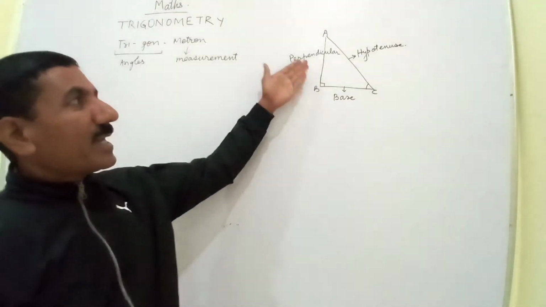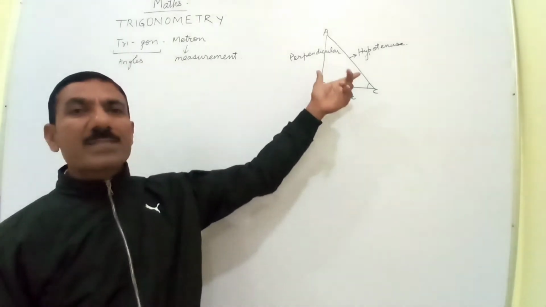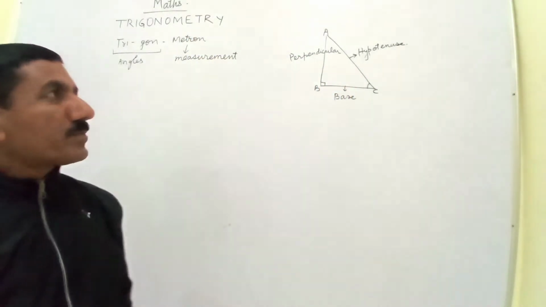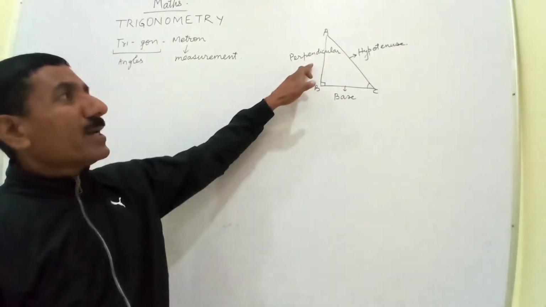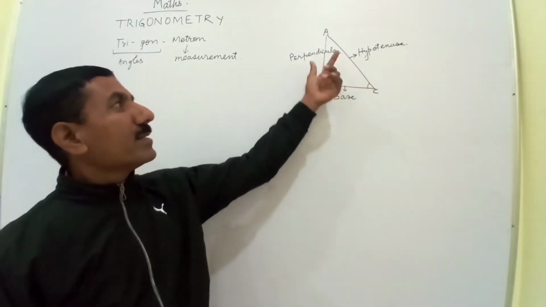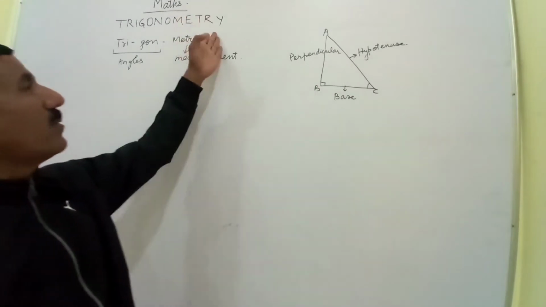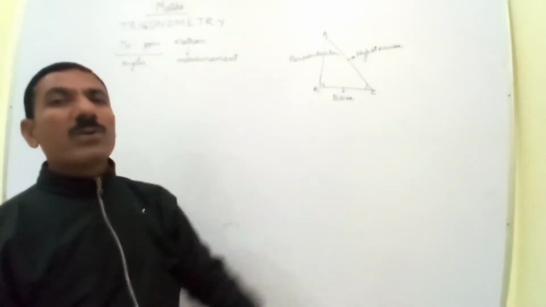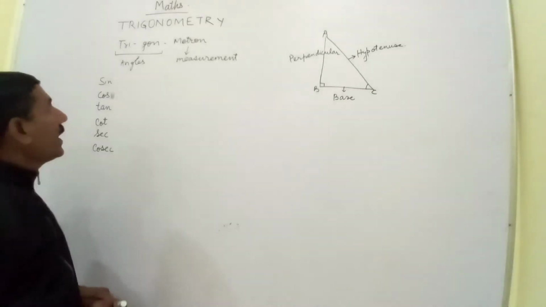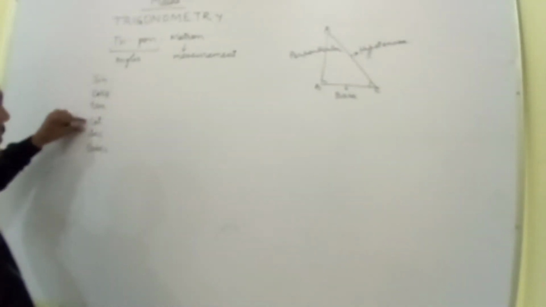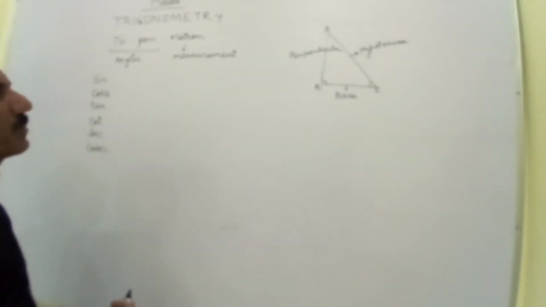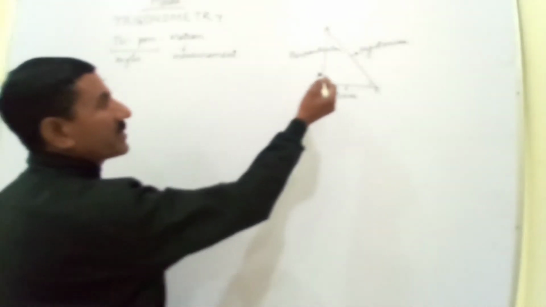And what is the relation of the sides and angles in trigonometry? When we relate the sides and angles by trigonometry, these are called trigonometric ratios. Now how are sine, cos, tan, cot, sec and cosec related to the sides or angles of the triangle?